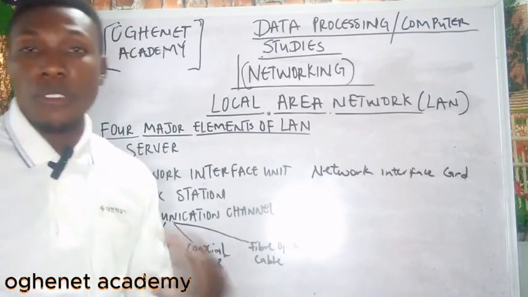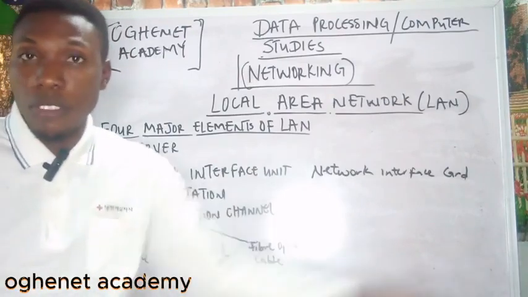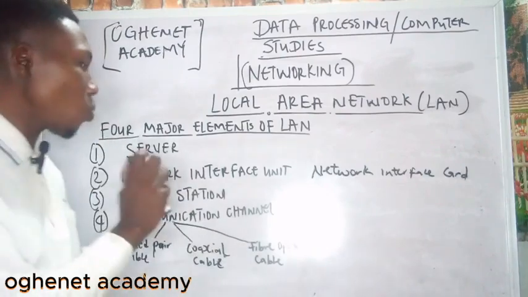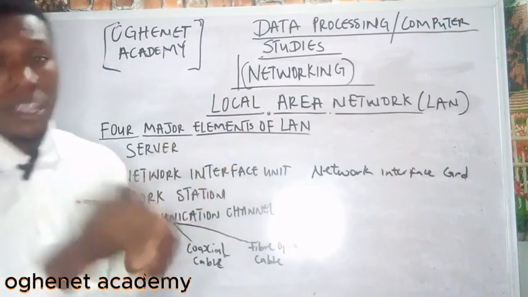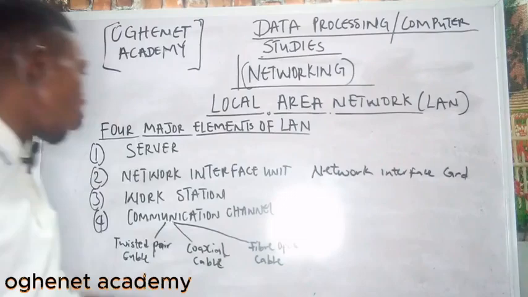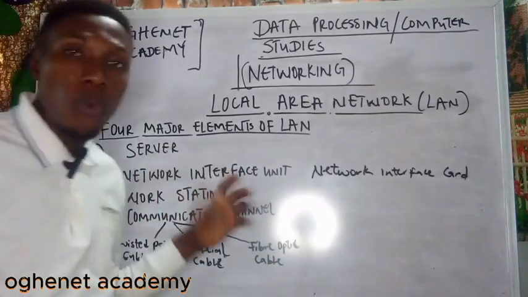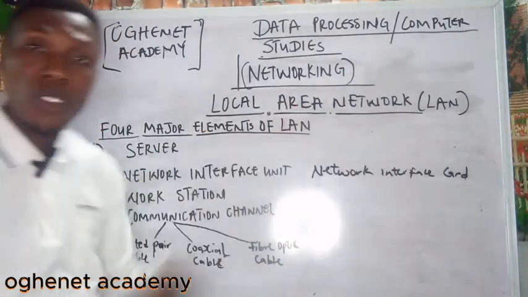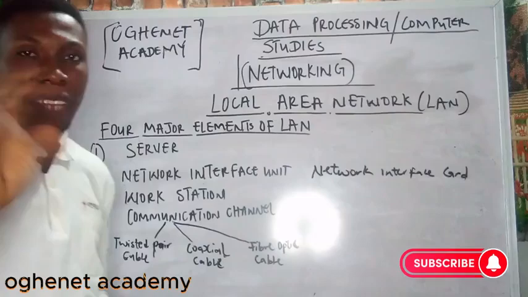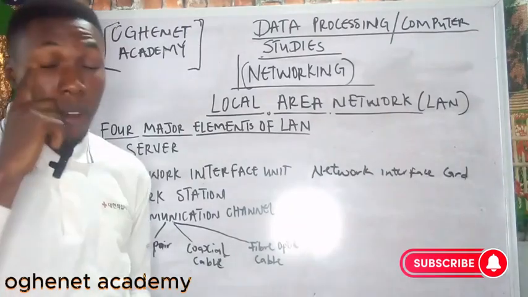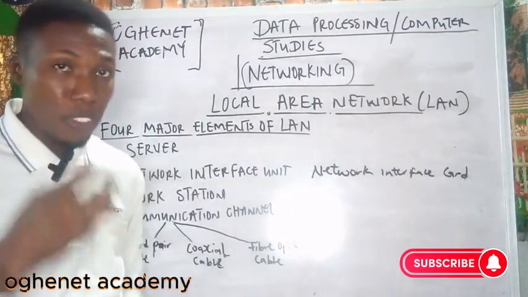It is through the construction of a bridge. So you can look at the network interface unit from that simple illustration as the bridge between the server and the workstation in the context of the local area network. Now, that is a simple definition of the network interface unit.